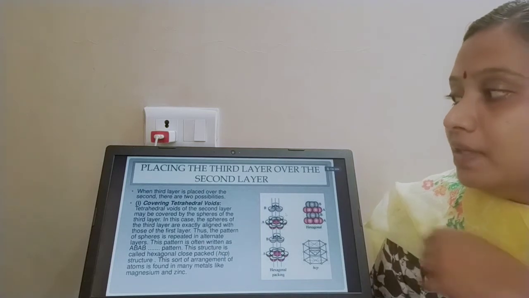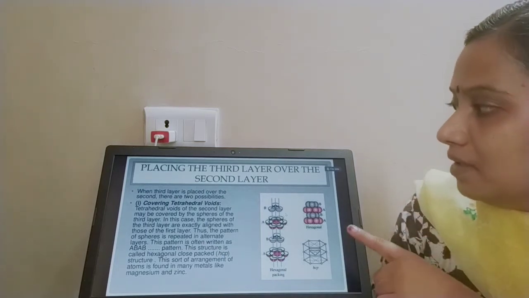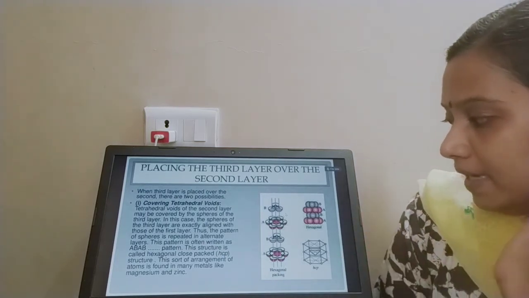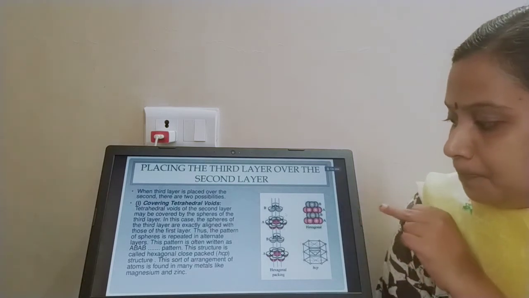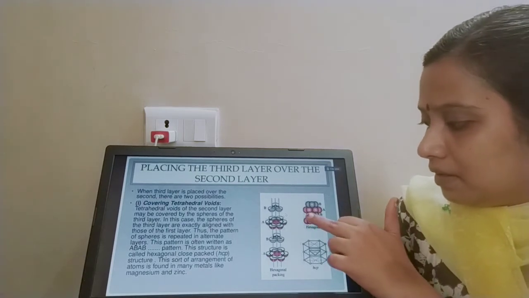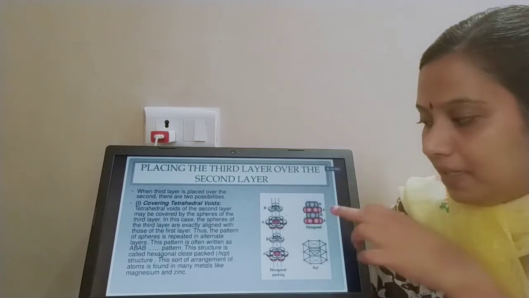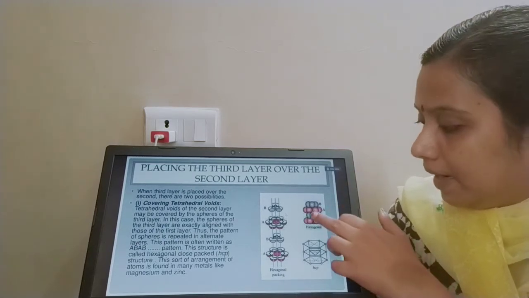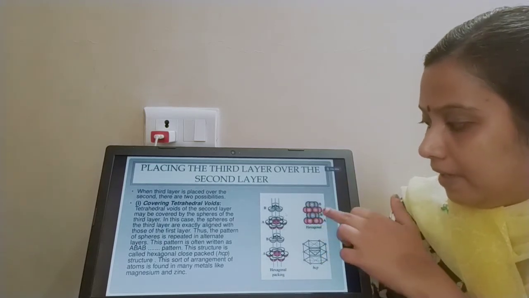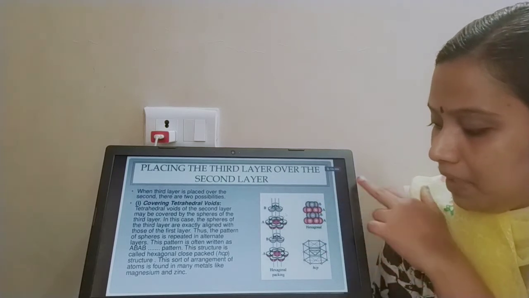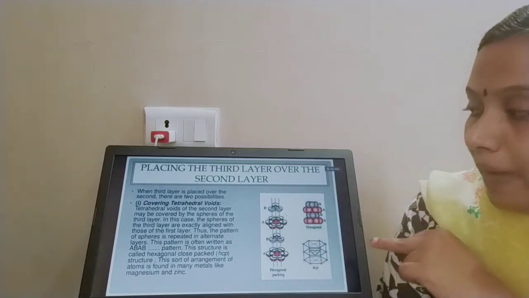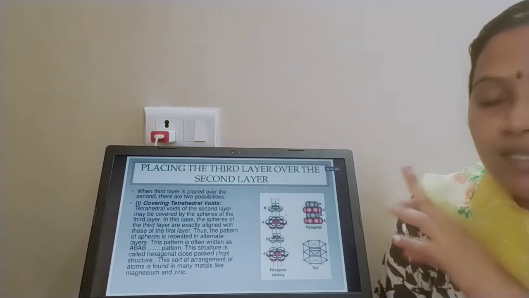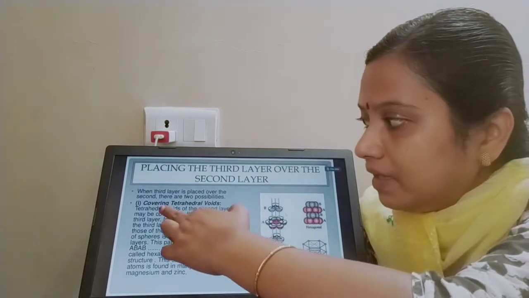Now, this is packing the third layer over the second layer. See the picture. A layer, and B is occupying the depression of A, and this is again A layer and B layer. This is AB arrangement. I am going to pack the third layer over the second layer, covering the tetrahedral void.